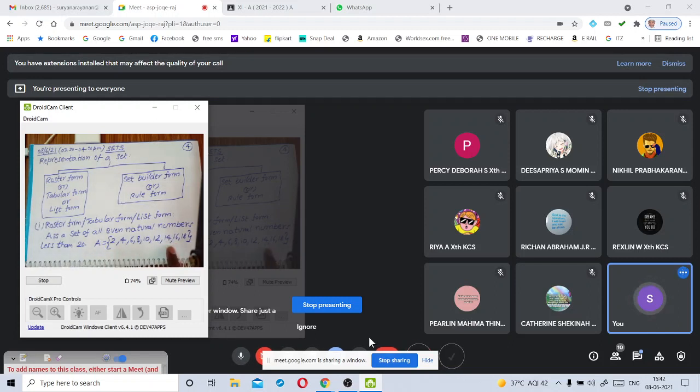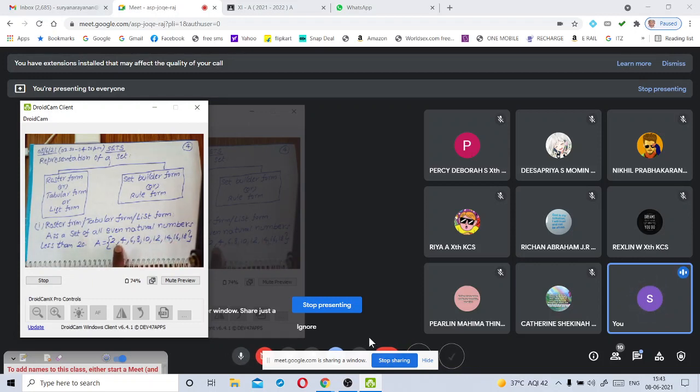Understood this method, my dear children? In this method, they will give the set in the form of a sentence like this. In that case, we have to write the set in the roster form like this. Means we have to identify the elements which belong to this set, and we write all the elements in the set, and we separate them by commas.